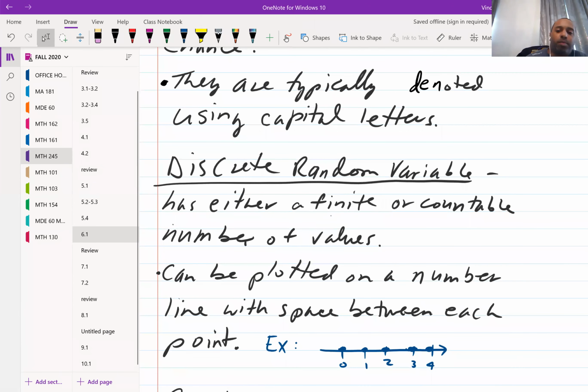It can be plotted on a number line with space in between each point. In other words, it's countable or finite. If it's four, it's four. There's no number in between. It's just four. And you'll see what I mean when we get to our examples. There's no estimation, no measurement involved. It's just that number.